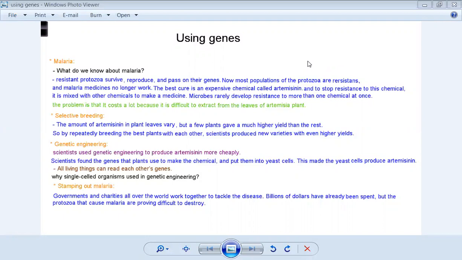Why? Because when they add these genes to the cell, the nucleus can read this gene and produce more of it. If this gene is safe and doesn't kill the organism, it will just multiply it and reproduce more of it.